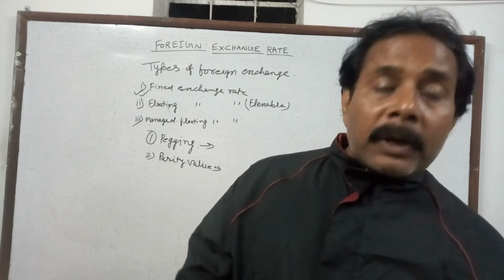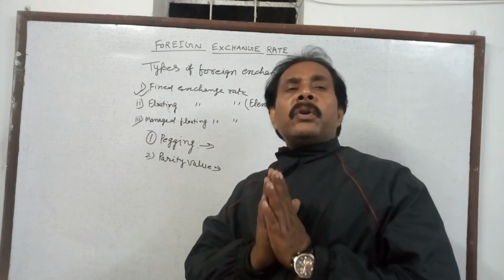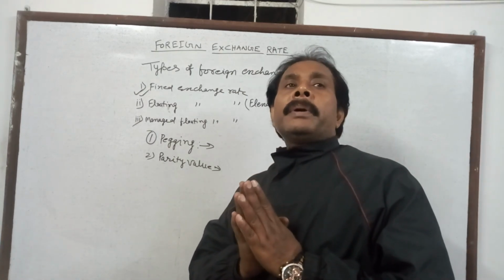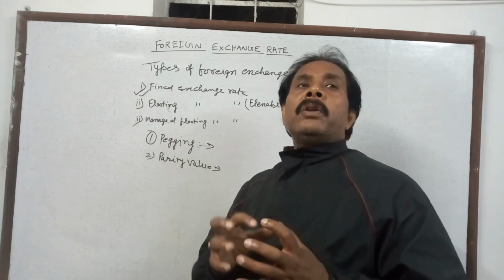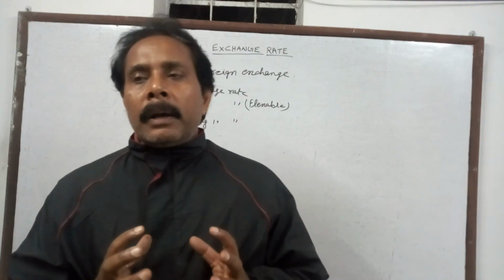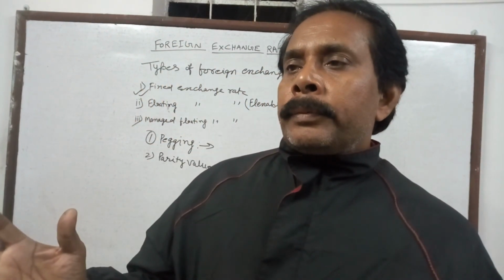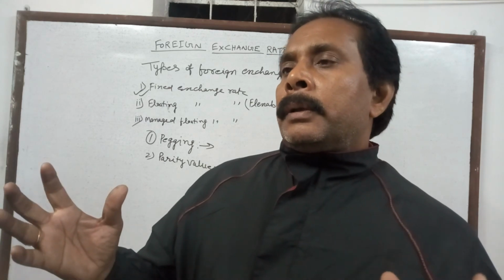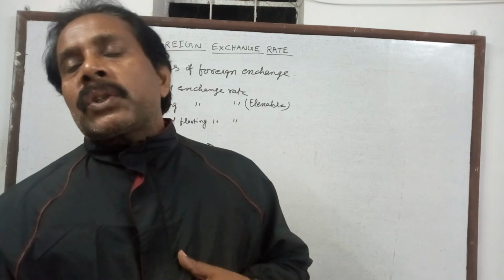So in simple words we can say that parity value is when the domestic currency value is tied up with the value of any valuable metal, any precious metal such as gold, it is called the parity value.